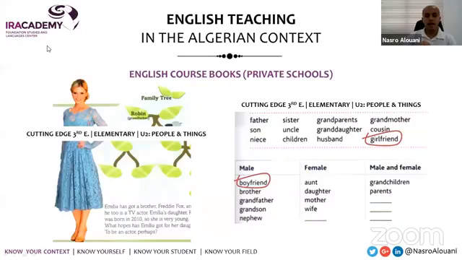Another example here, we have the life of Emilia Fox, and the students have to put some family members in this family tree, and there is a following activity where they give you a table with the male or female family members that you have to put in the table.